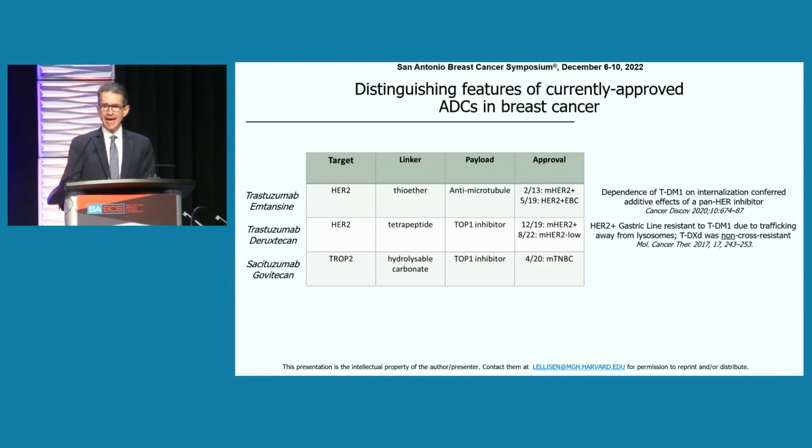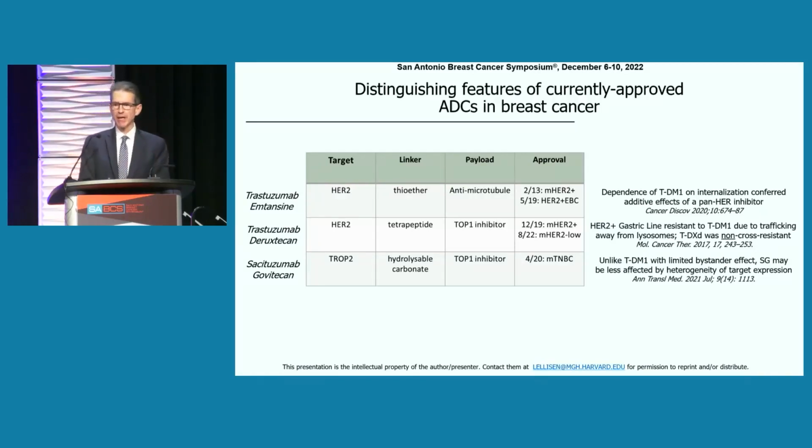And then finally, SG with its relatively unique, unstable, pH-labile linker, where you get all of this microenvironmental release, both pros and cons, right? Perhaps with great tumor heterogeneity that could overcome some of the resistance because of the extensive extracellular, intracellular bystander effect, but on the other hand, may relate to other toxicities such as myelotoxicity from free payload being released.